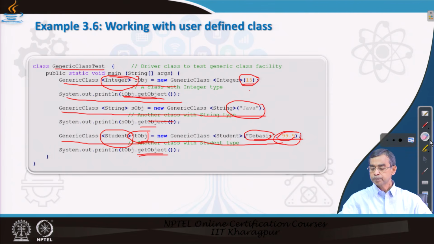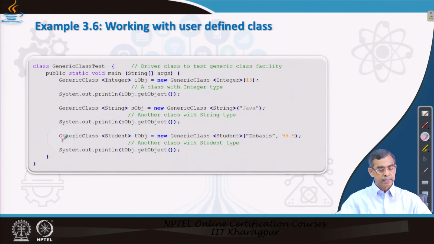So, this is the example which explains that it works for integer objects, it works for string objects, and it works for a user defined data type and processes it.